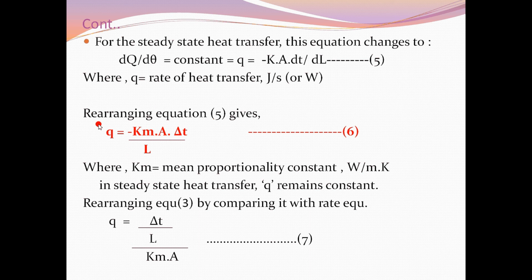So Q is equal to delta T divided by, if the driving force is delta T, then the remaining part, Km and A, is shifted to the denominator, meaning L divided by Km into A. This is equation number 7.